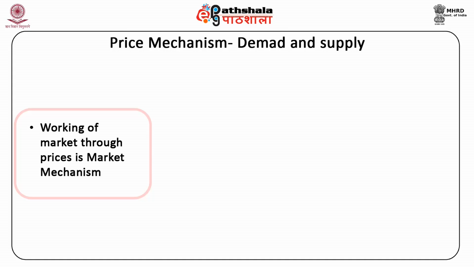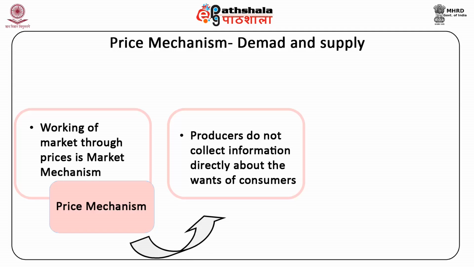Let us know about the working of the market price mechanism, demand and supply. The working of the market through the prices is known as the market mechanism or price mechanism. In any economy that has developed from feudalism to capitalism, producers do not collect information directly about the wants of consumers, and yet the consumers find all that they wish to buy in the market.